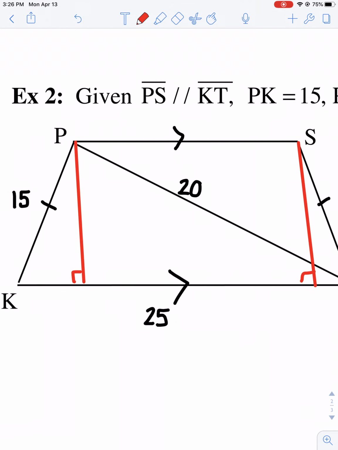So now I could figure out what the area of this triangle is using a base of 20. If I used a base of 20, I could envision my triangle looking like this. It's going to be important that you decide and you're clear on what base you're using.